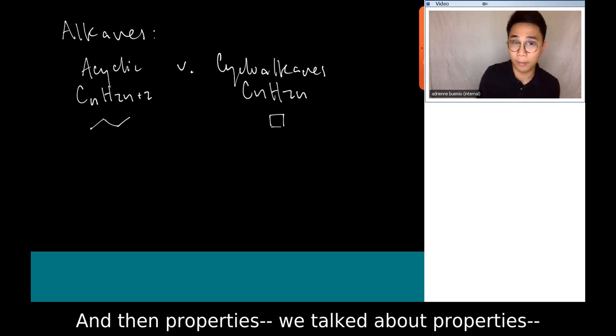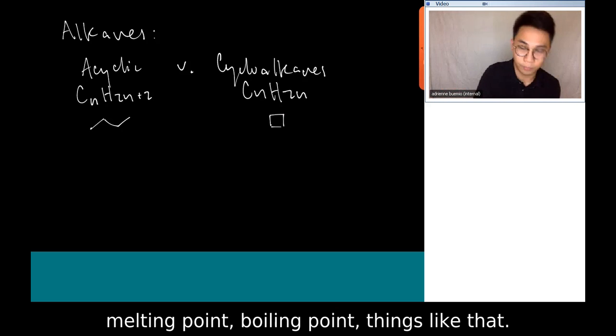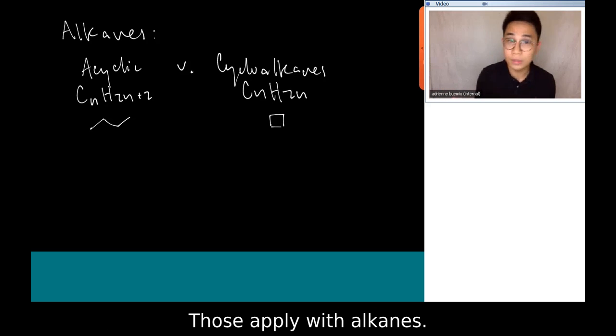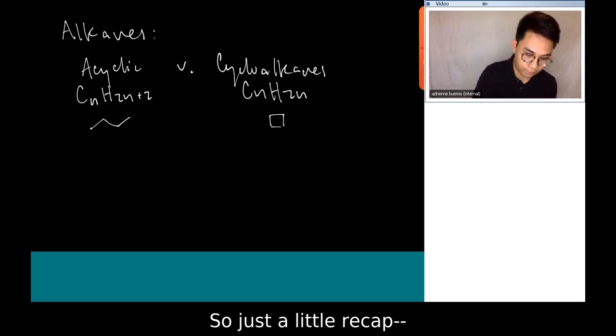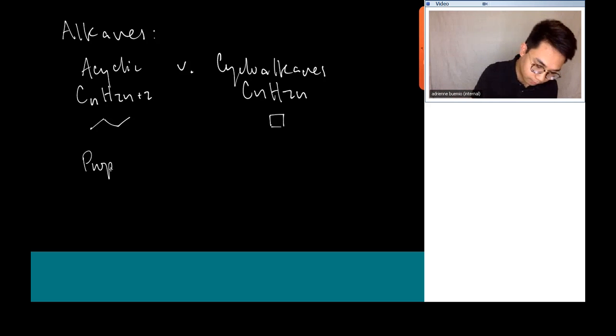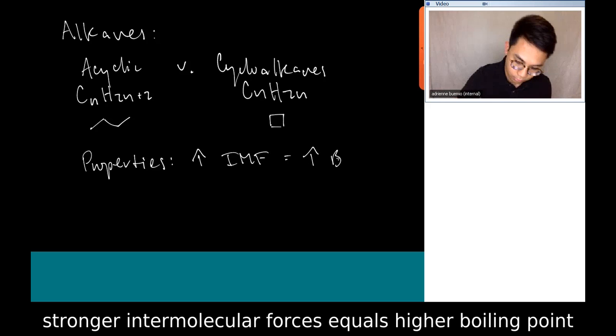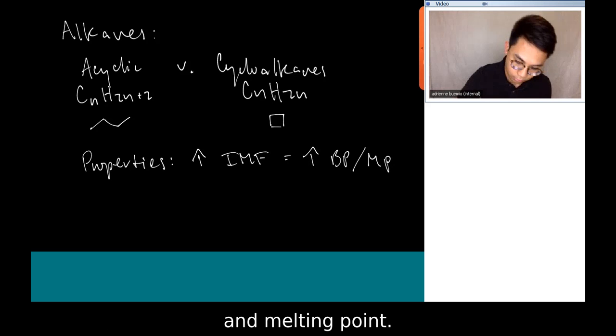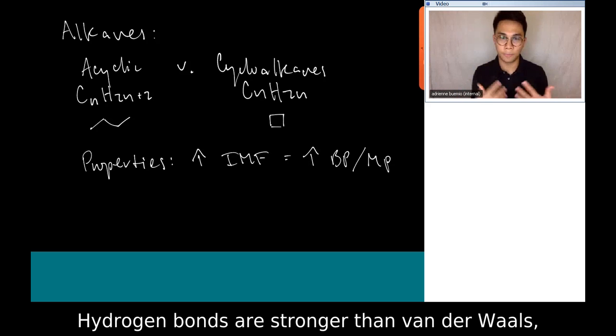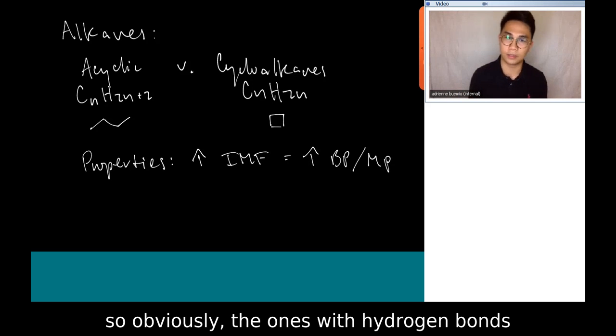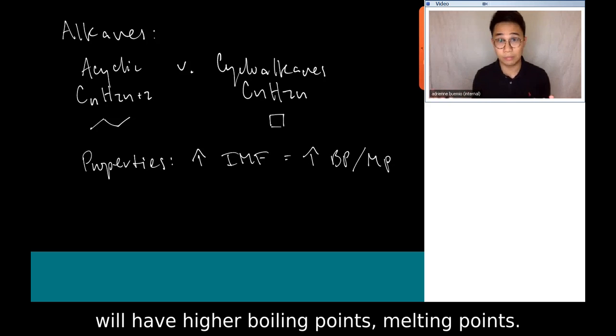And then properties, we talked about properties, melting point, boiling points, things like that. Those apply with alkanes, right? So just a little recap. Stronger intermolecular forces equals higher boiling point and melting point, right? We know that. Hydrogen bonds are stronger than van der Waals, so obviously the ones with hydrogen bonds will have higher boiling points, melting points, right?